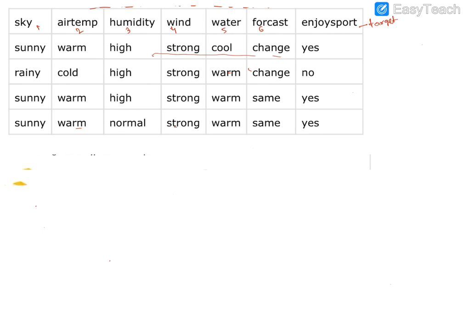I am going to consider S0. What is S0? Phi. How many attributes are there? 6, so we need to consider 6 phis. What about G0? G0 is the most generalized: question mark.